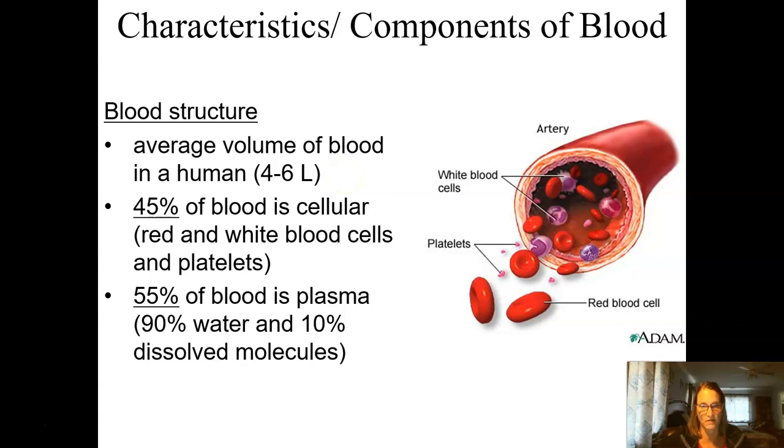All of it's contained within vessels. 45% of that blood is made up of cells, red blood cells, white blood cells, and platelets, which I'm not really sure are considered cells, but they're cell-like. And then 55% of the blood is plasma, which is mostly water, but there's also dissolved molecules in there. And so the plasma is sort of the liquid suspension that the blood cells are floating in.